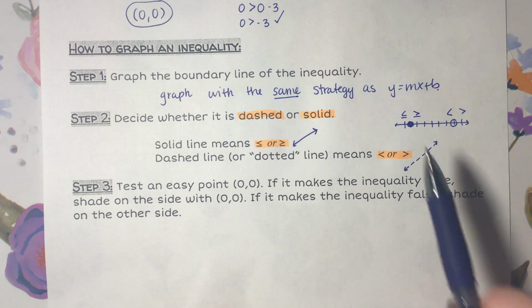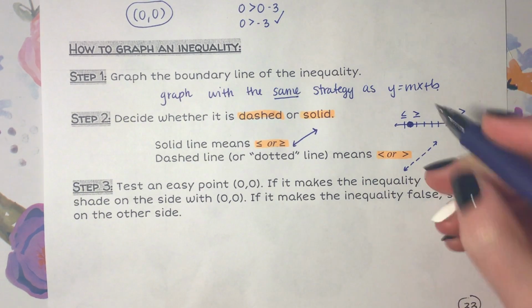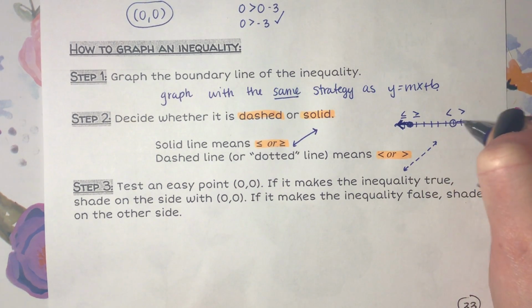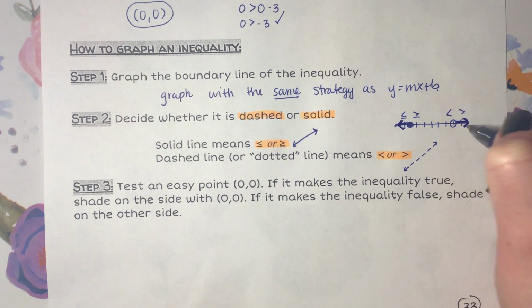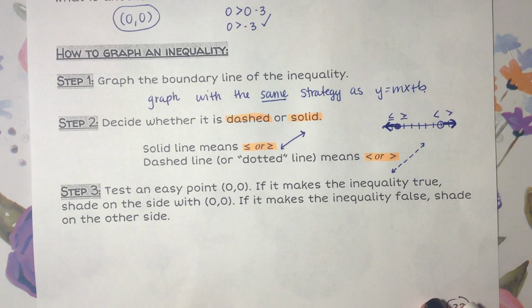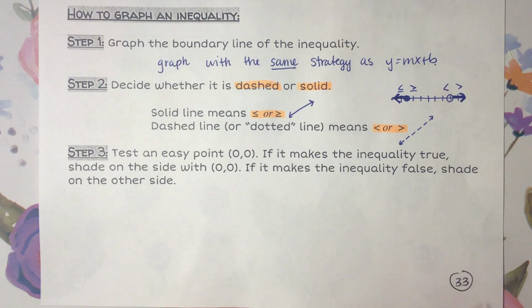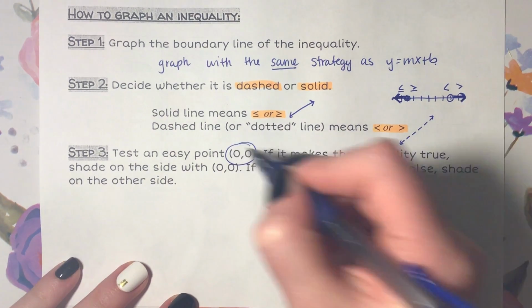Now also remember, when we were graphing on a number line, we had to shade in a certain direction. So maybe this would be shaded that direction, and maybe this one would be shaded in that direction. I'm just making that up so you can see what I mean. So how are we going to account for the shading now? Well, the easiest way to figure out where to shade on a graph is to test an easy point. And the easiest point is the origin.